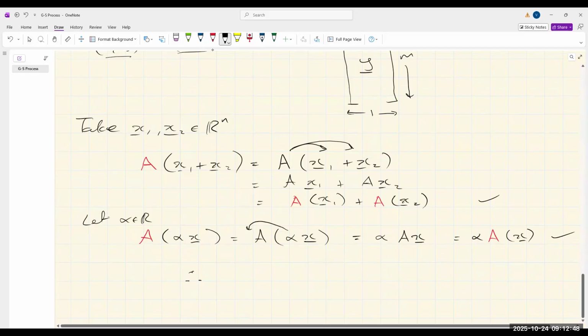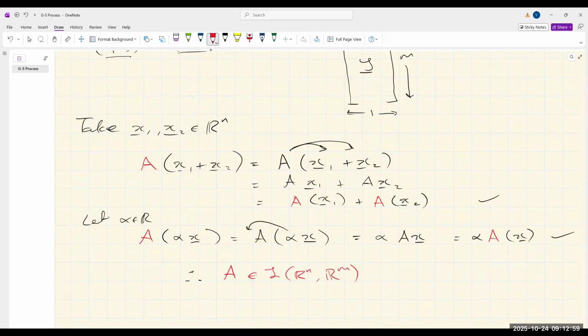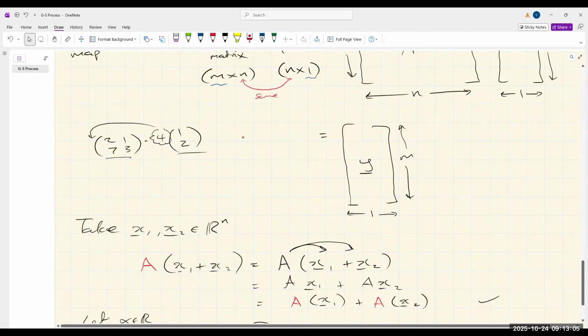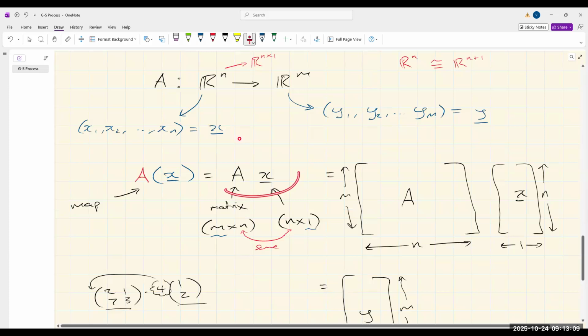Okay, so what do we show there? Therefore, this mapping A is a linear transformation from R^n to R^m. So matrices are linear transformations, right? And what is the equation for that linear transformation? It's this, left multiplication by that matrix. Okay, so that's how matrices enter this picture. Matrices are linear transformations.